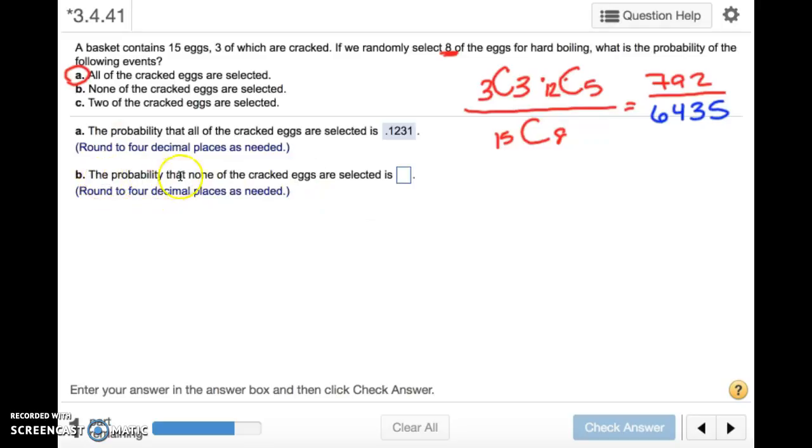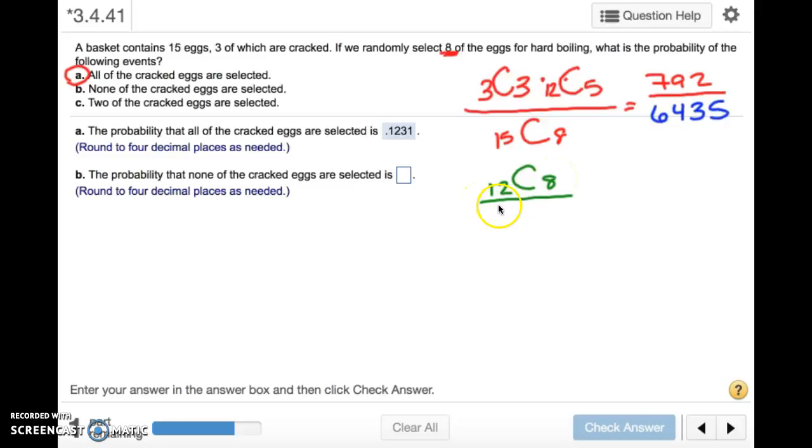So this says, what is the probability that none of the cracked eggs are selected? So that means I'm still going to be selecting 8 eggs, but they're all going to come from the 12 that are not cracked. So the top of this is going to be, out of my 12 good eggs that are not cracked, I'm going to be selecting 8.